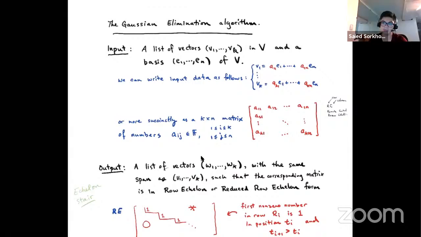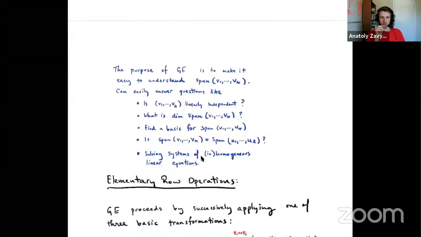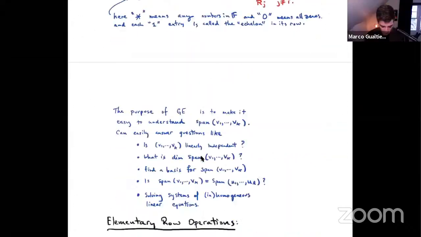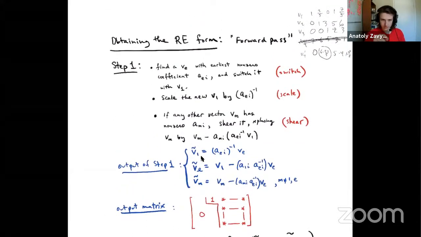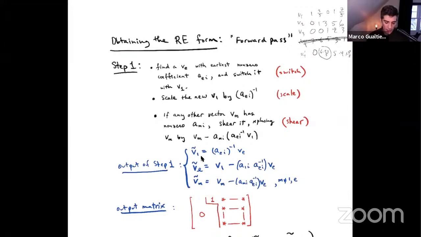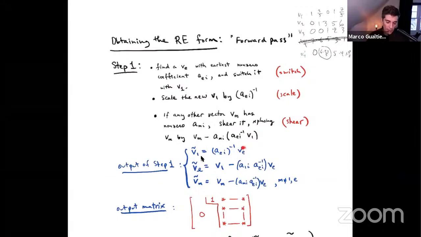Anatoly, you have a question? Yeah. In the third step of the forward pass, of step 1 specifically, you're replacing VM by VM minus AMI, but why are you multiplying AMI by the multiplicative inverse of AEI if we've already done that earlier? Well, I'm kind of writing the output of step 1 all at once, because remember that we needed to take the early bird and scale it by its leading coefficient, right?